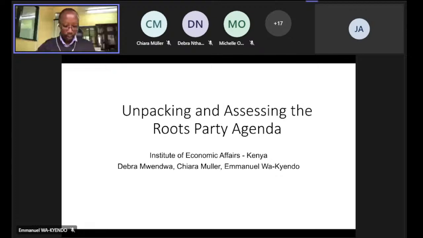Then the Kenya Kwanza had a slightly different structure. It actually had an implementation framework. Then the Agano Party Manifesto fashioned this in terms of aganos, 12 aganos, or in English, covenants or pledges. And then this Roots Party Manifesto is fashioned in terms of 10 commandments. So my colleagues will be taking us through an assessment of these commandments.